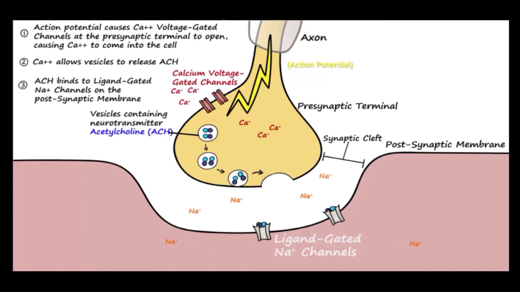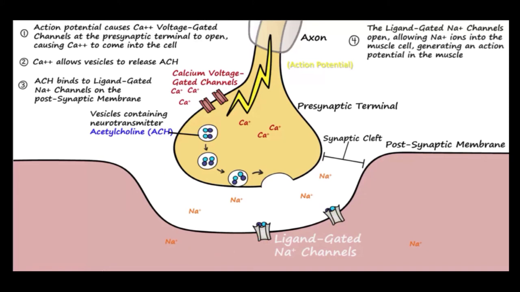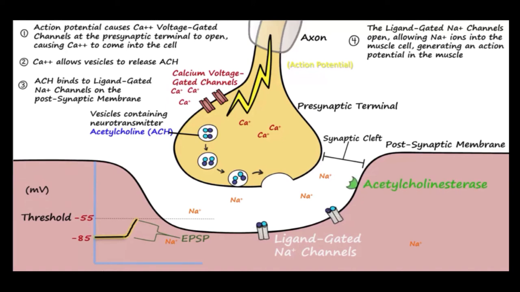This causes an excitatory postsynaptic potential, or EPSP, in the plasma membrane of the muscle cell. The EPSP causes an action potential to be generated that then travels down the plasma membrane of the muscle cell to ultimately cause muscle contraction. The acetylcholine in the synaptic cleft is broken down by an enzyme known as acetylcholinesterase.